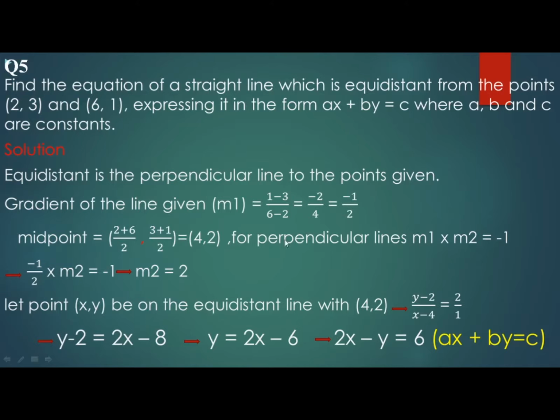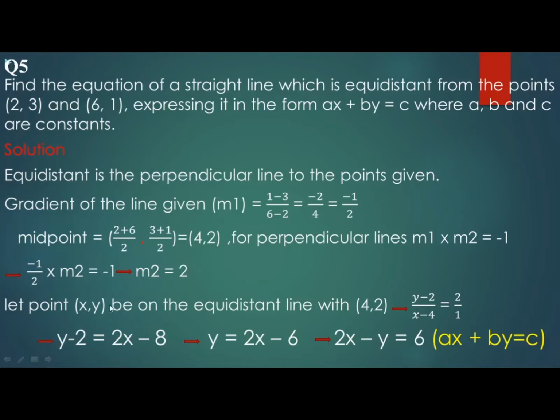And therefore, negative 1 over 2 times m2 equals negative 1. So to get my m2, I multiply by the reciprocal of this, which is m2 equals 2 all over negative 1 times negative 1, which gives you 2. So my m2 is 2.